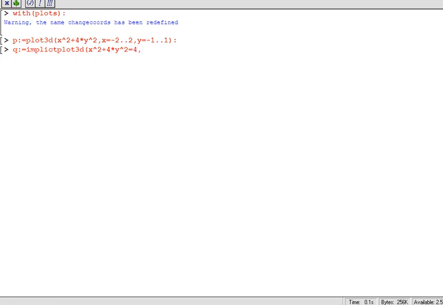I'll go over the same region: x is from -2 to 2, y is -1 to 1, and z is, let's do 0 to 4. We can adjust it after we get our picture, and then I want to display them on the same set of axes.